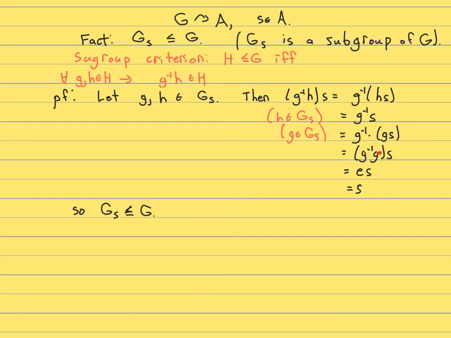Because I have a group, g inverse times g is the identity, and because I have a group action, the identity acting on s is s. And so I see g inverse times h acting on s is s. So I do actually get what I need. So let's add in the missing sentence I need here. Thus g inverse h is actually in the stabilizer. Therefore, I actually have a subgroup.